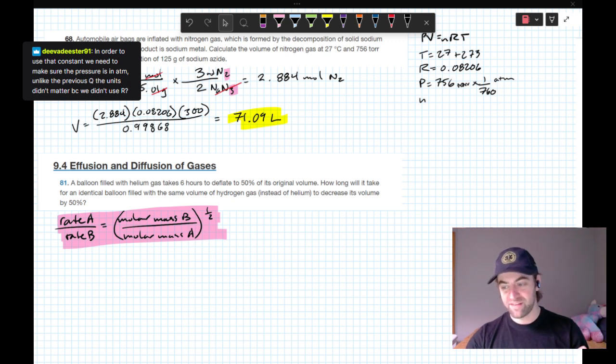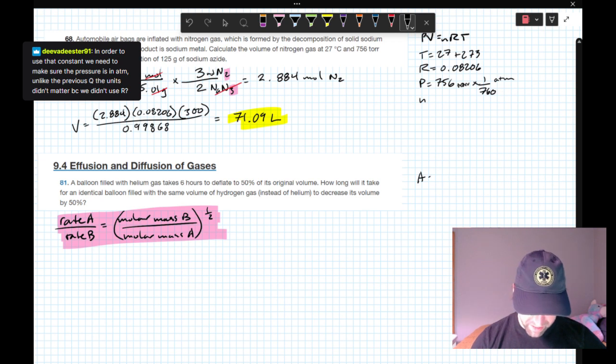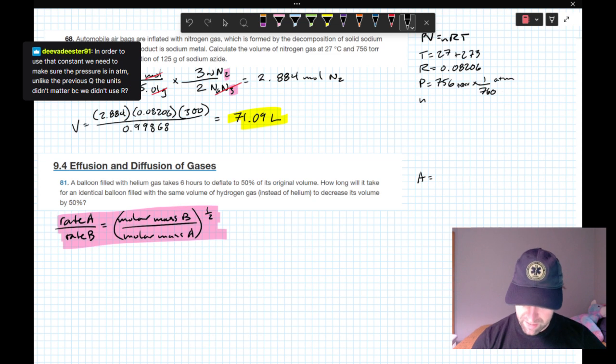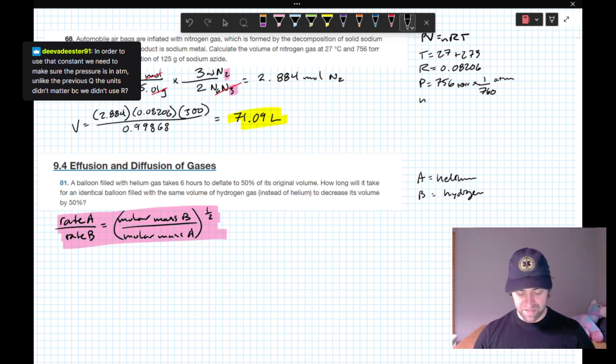I have written this formula and highlighted it in red for you in advance. Rate A, which in this case is going to be helium, and B is going to be hydrogen gas. Rate A over rate B equals the molar mass of B over the molar mass of A, all to the half power.